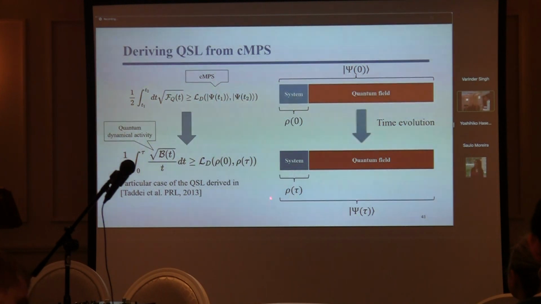This is the whole CMPS state, including both the system state information and the field which records jump records. Because considering only the system corresponds to CPTP, the monotonicity inequality holds. So this inequality directly yields this type of speed limit, which is a particular case of the QSL derived in this paper.